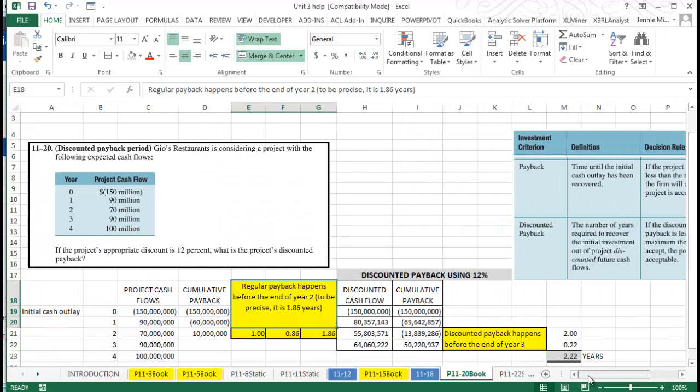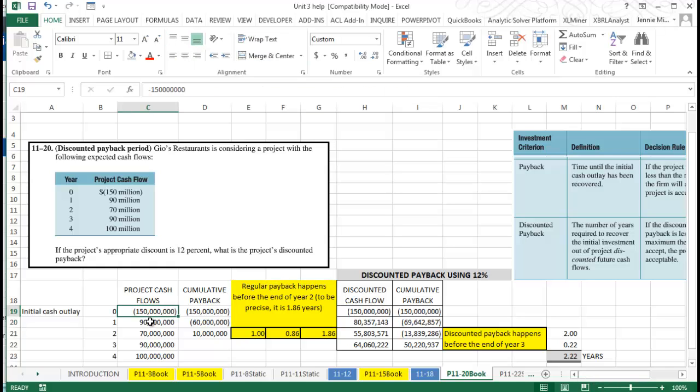So going back over to this problem, all I've done here is just type in the numbers that we have in the actual problem, and then I set it up so you could see this. Here's our cumulative payback. In the first year, 90,000 comes in, so that reduces our payback number down to 60 million.